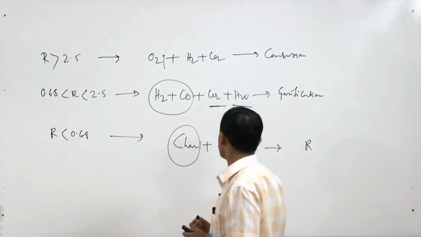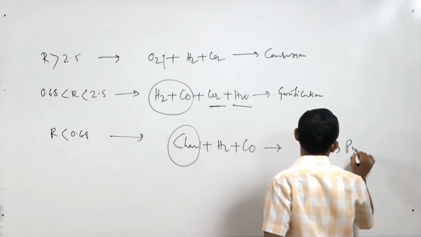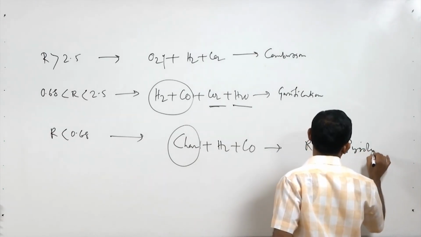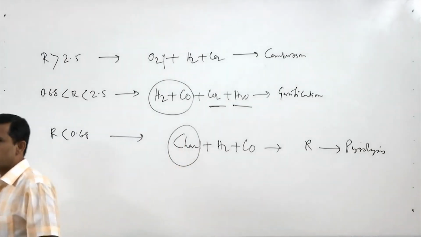If R decreases, the char yield will increase, and in this case the pyrolysis process is the predominating route for the conversion.